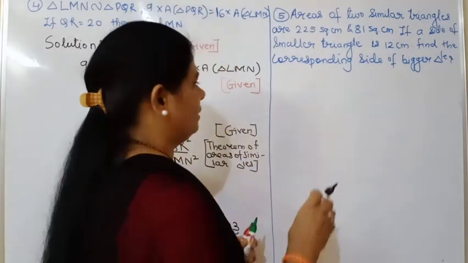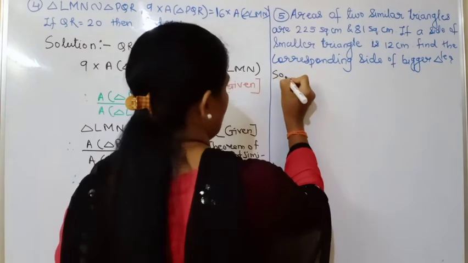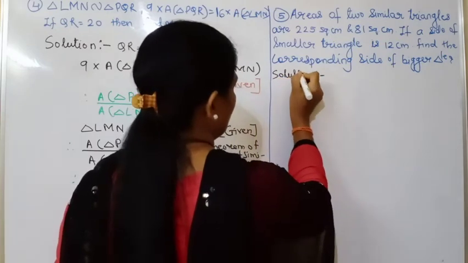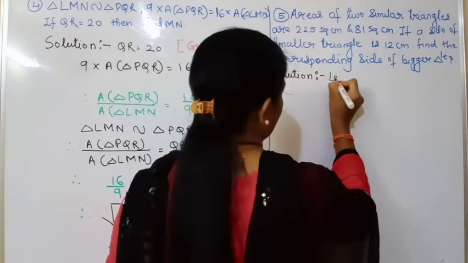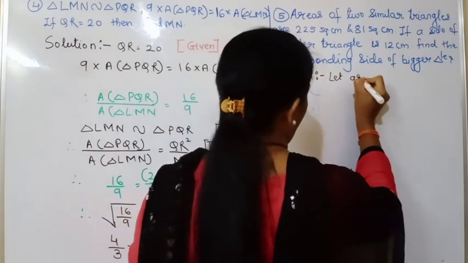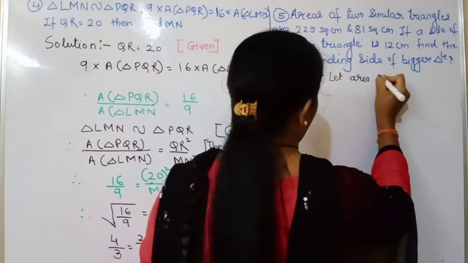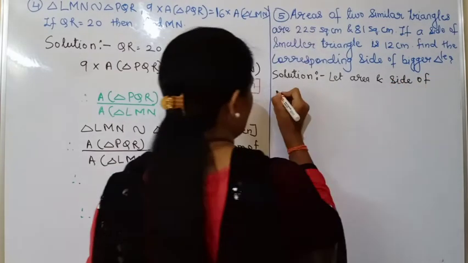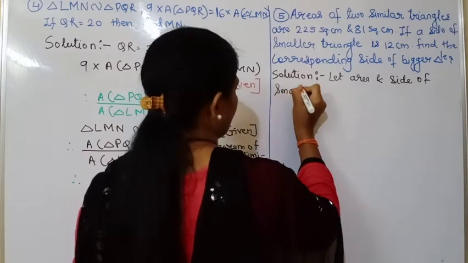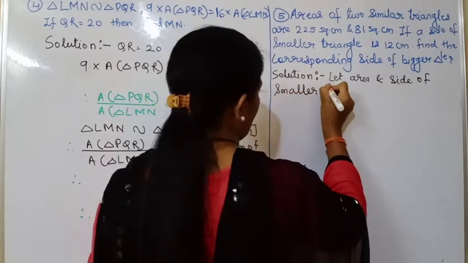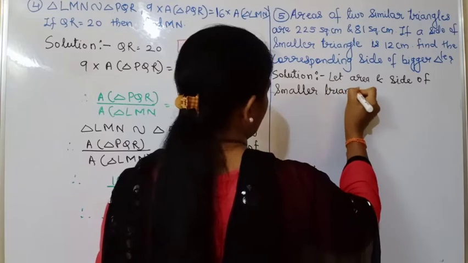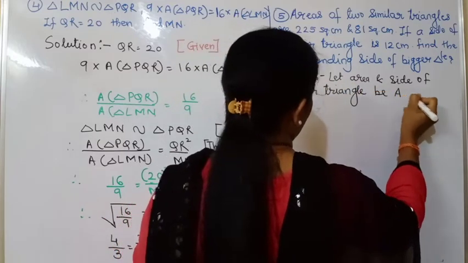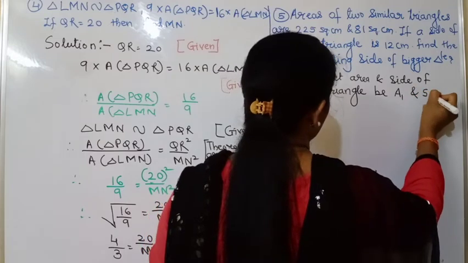Okay. So we will write the solution. First of all we have to consider, because the diagram is not given to us, so we will consider let area and side of smaller triangle be A1 and S1.